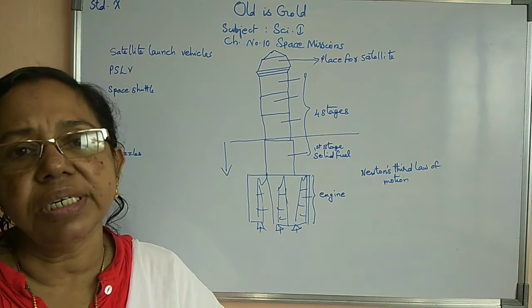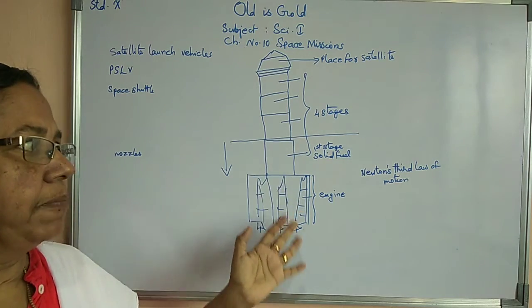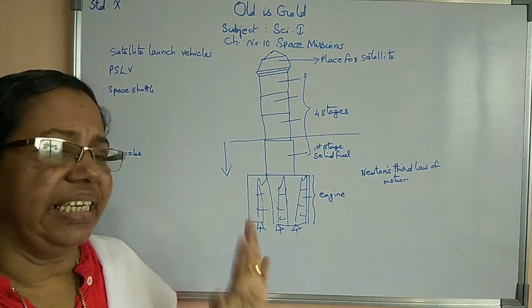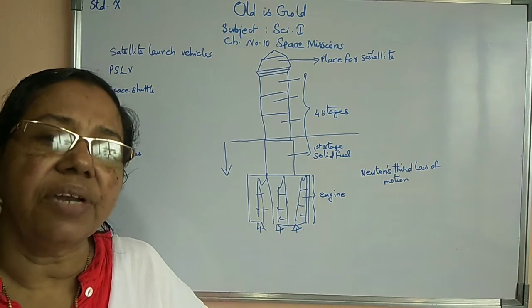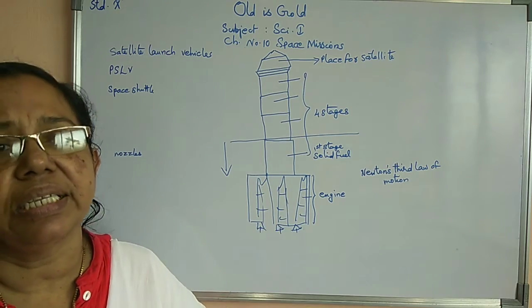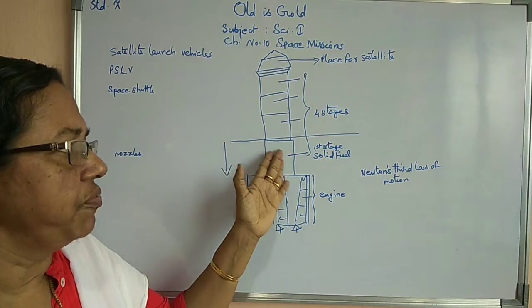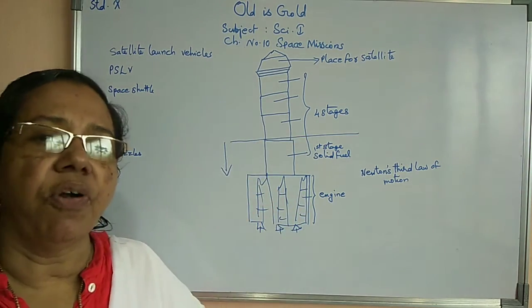From there a remote control system operates. As a result, this fuel tank as well as the engine connected to the first stage is discarded from the main body and falls on the earth itself. Why? Because before crossing the earth's atmosphere itself, this fuel will burn and finish. Then its function is finished. Then it will fall down.